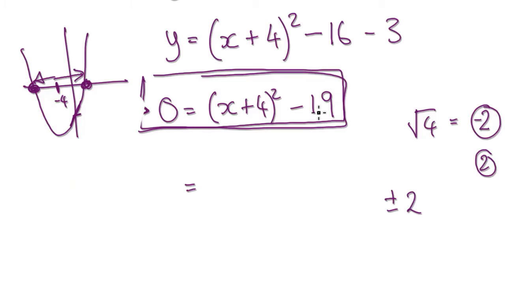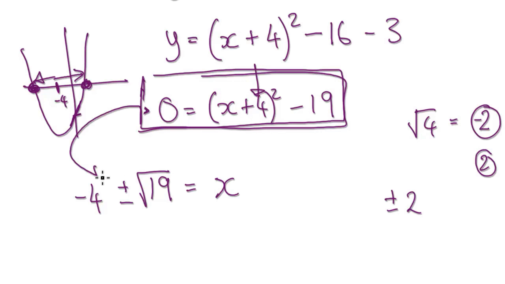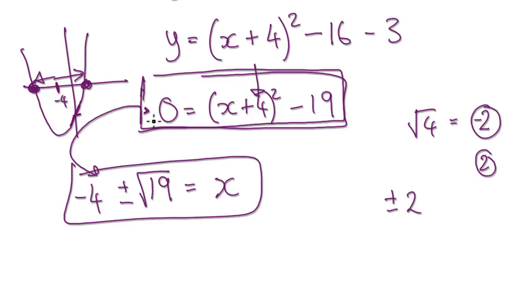For example, you're trying to make x the subject. So add 19 to both sides, and then square root both sides, and then take away 4. You can jump from here to here in one go. So try and train yourself to be able to jump from here to here in one go. Okay.